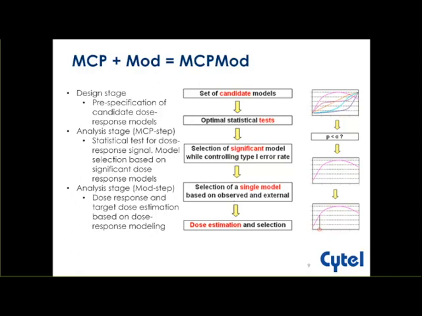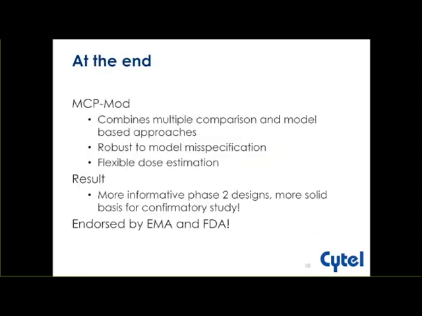So, in other words, MCPMod combines multiple comparison and model-based approaches. It tends to be robust to model misspecification, and it is quite flexible in dose estimation. So it results overall in more informative designs, which form a solid basis for a confirmatory study, and they have been endorsed by the two major regulator agencies.